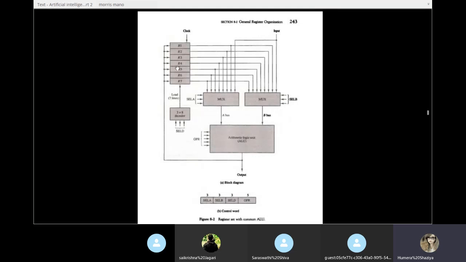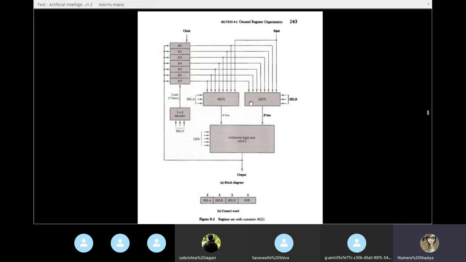And these 7 registers are connected to ALU by means of multiplexer. And also you have an external input. So in total you have 8 inputs to this ALU. This is 1 plus 7 registers. So 7 plus 1, 8.